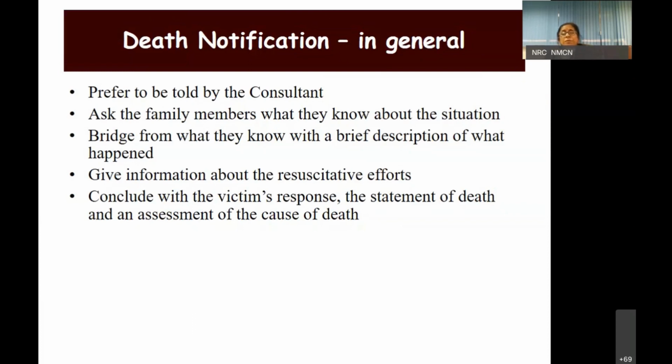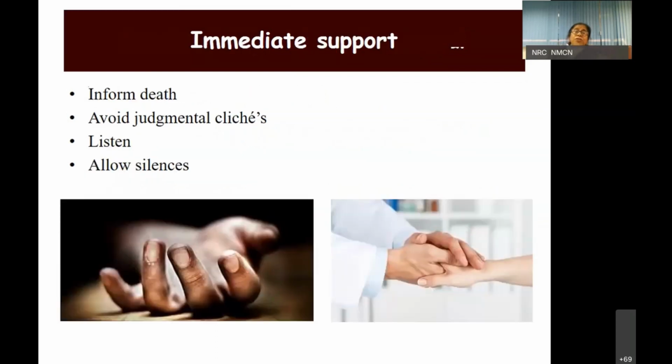Do conclude with the response that the patient has died, and you do realize their pain. Addressing their emotions is very important. Listen to them. Allow silences.